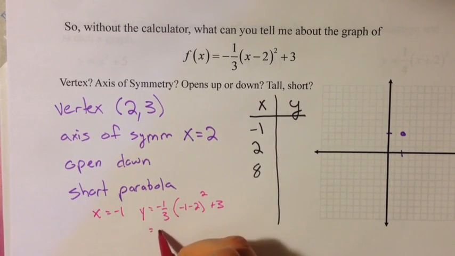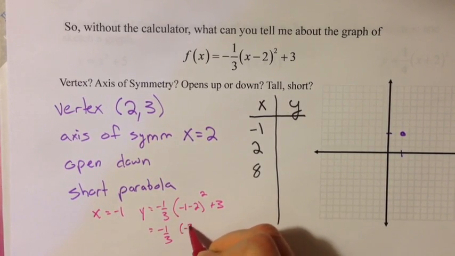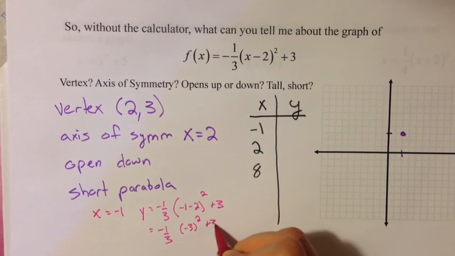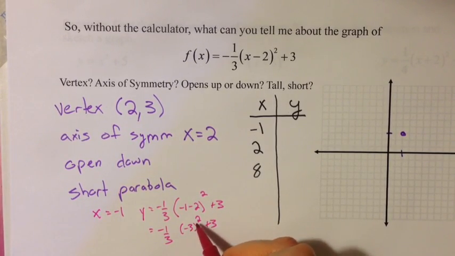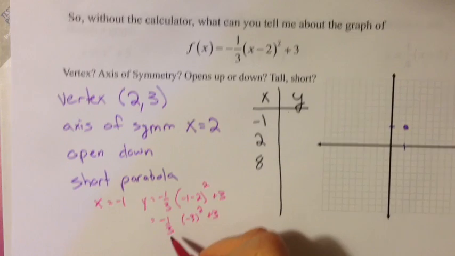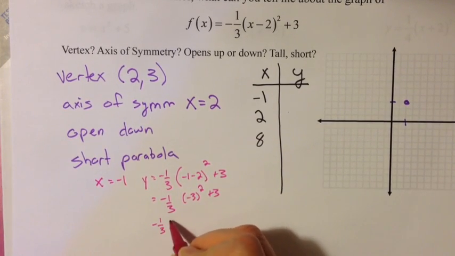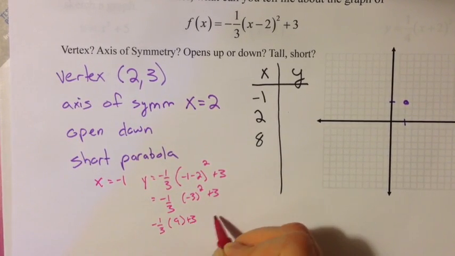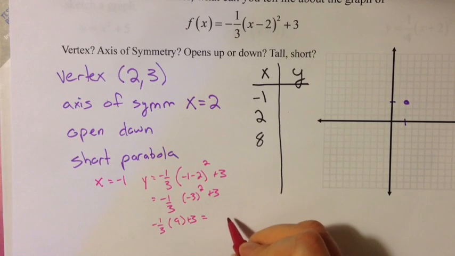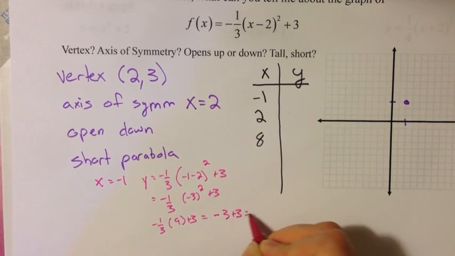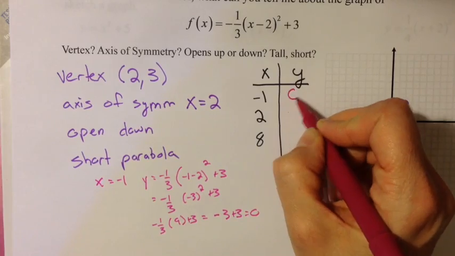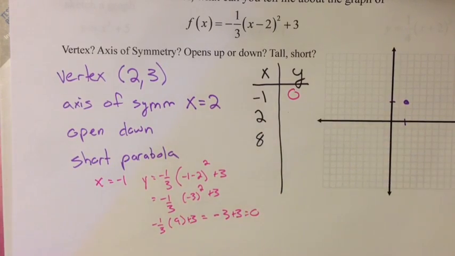Now this simplifies to -3 squared plus 3, and -3 squared is 9, so now I have -1/3 times 9 plus 3. -1/3 of 9 is -3 plus 3, which is 0. So I can say that when x is -1, y is 0.